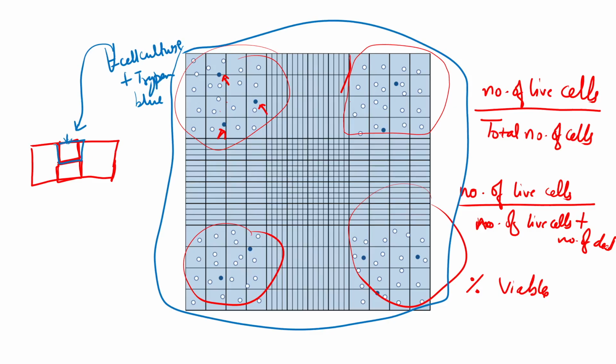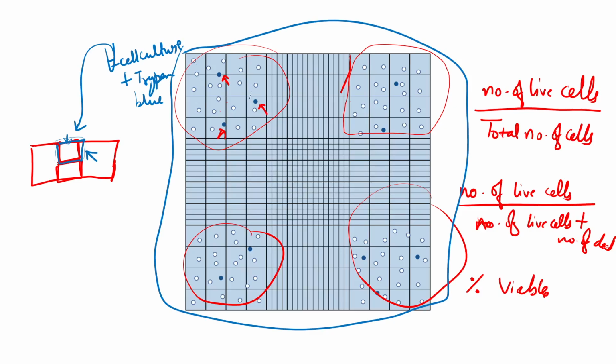Now when you look under the microscope at this region, it will look like this. You can see the grid lines very clearly, and you can see the live cells as well as the dead cells.